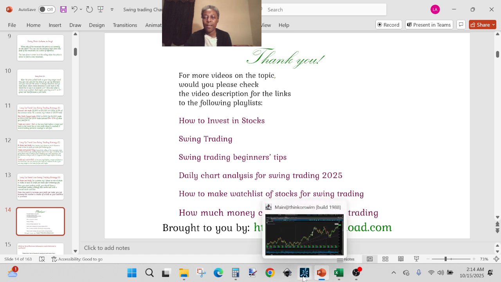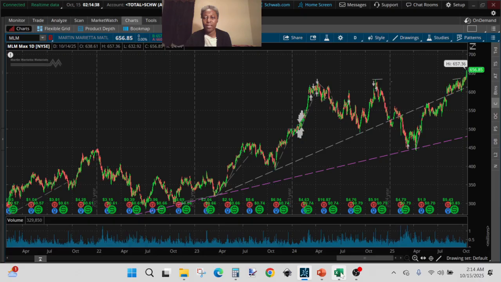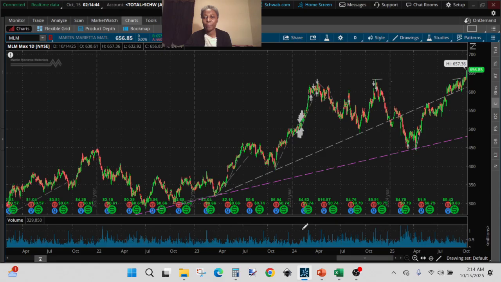And again, with our long swing trading strategy, we trade upward large cap stocks, and therefore the support line that I'm tracing is in relation to the strategy I'm using. I'm tracing an uptrend line, an uptrend support line.